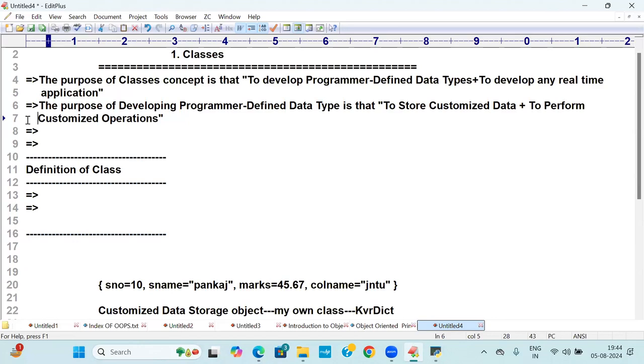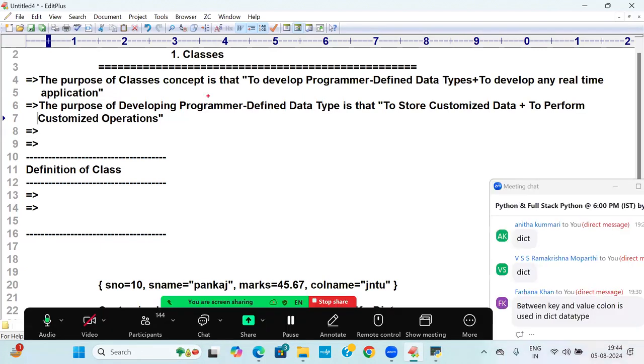Are you following me? So inside the class, what will be present? Data members to store the data, plus functions you write to operate on the data available in the object. See students, this is the class. What is the class here? Student.